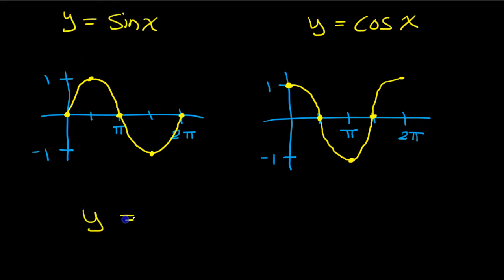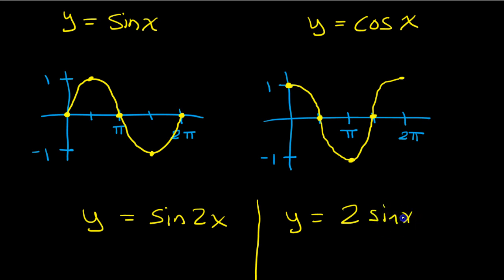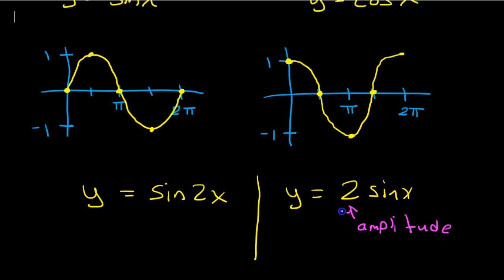Consider the difference between y equals sine 2x, and compare that with y equals 2 sine x. Okay, now this 2 that's in the very front tells you the amplitude. All right, so that would affect how tall the graph is. This 2 does not affect the amplitude.